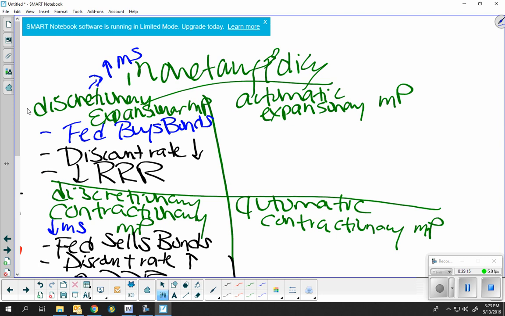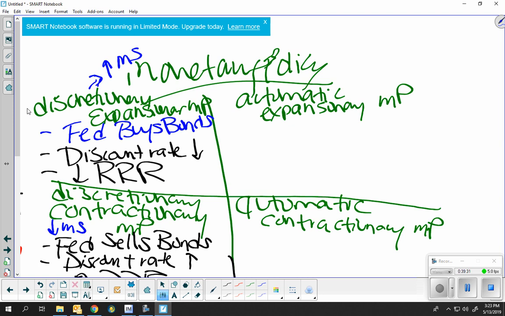Okay, so automatic monetary policy does not shift money supply. It shifts money demand.